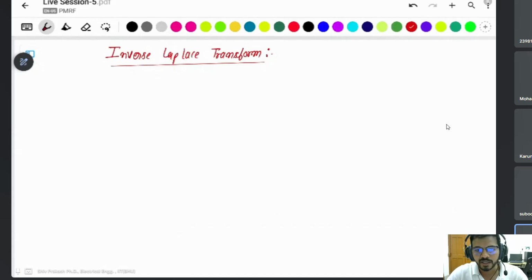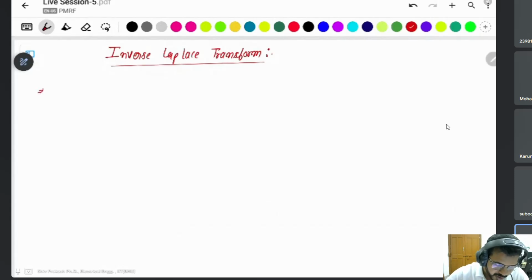With the ROC, you can give the exact answer of the inverse Laplace transform. Without the region given, you can't exactly find where the system is.